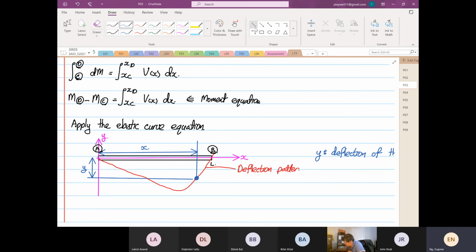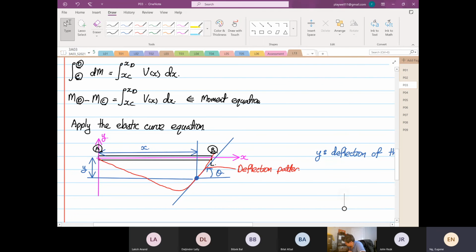So this is our tangent line. It goes this way. This is our theta.